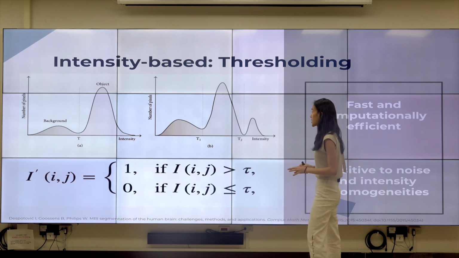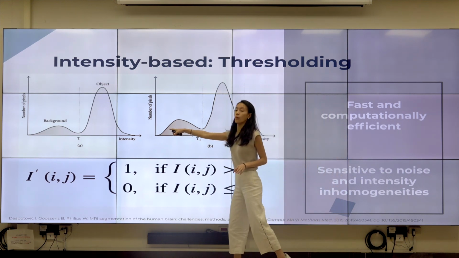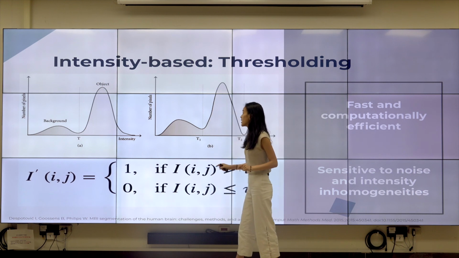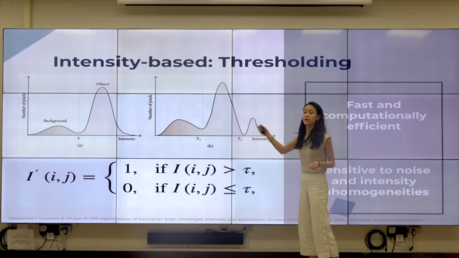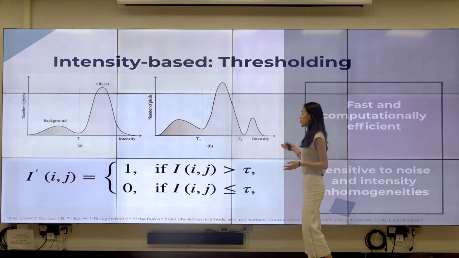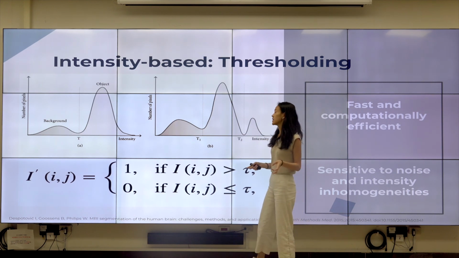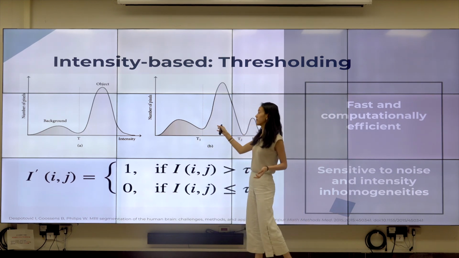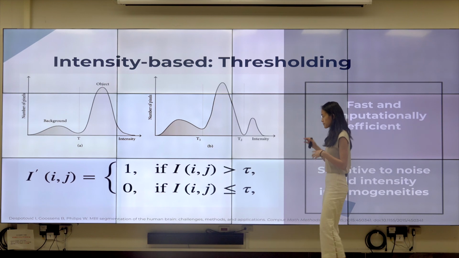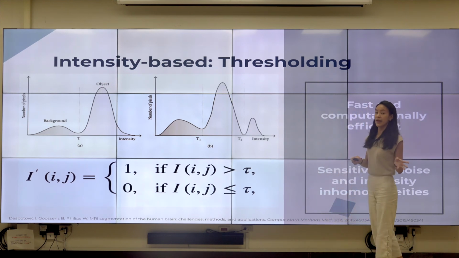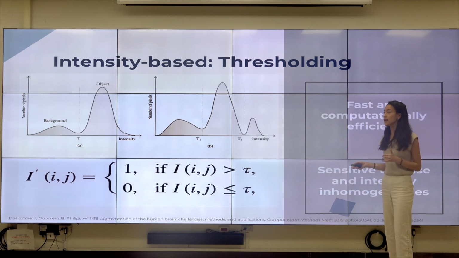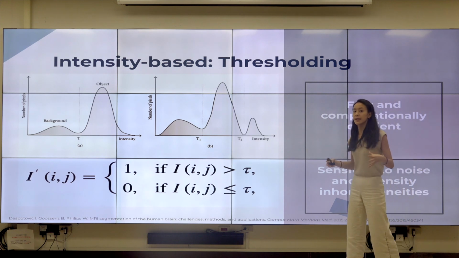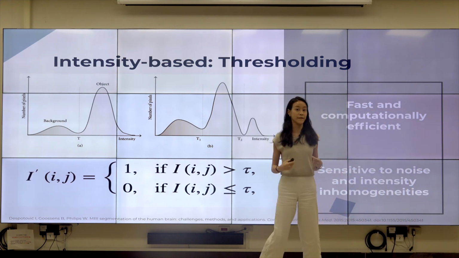Another case, and this is the example that we were talking about, is that we could potentially have 2 thresholds. So in this case, we would be able to segment 3 different things. For example, this would be white matter, gray matter, and cerebral spinal fluid. In this case, you can have as many thresholds as you want, depending on what you're trying to segment or what you're looking for.